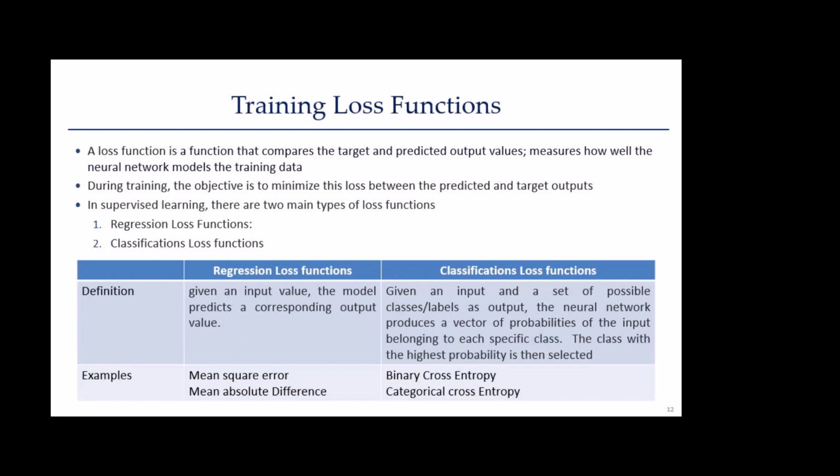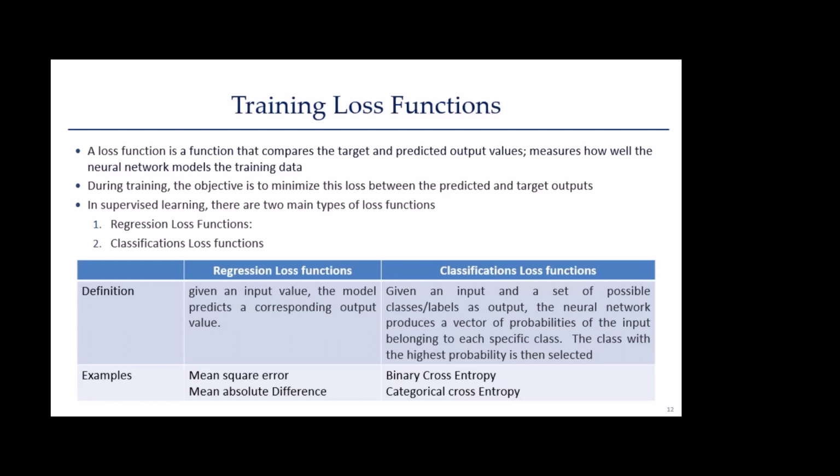For regression problems, we need to make sure that the output is close in value to our target output. So the easiest loss functions we can use are the mean square error and the mean absolute difference. While in classification problems, we care about how many of the outputs are really correct and at what probability we manage to get this output.